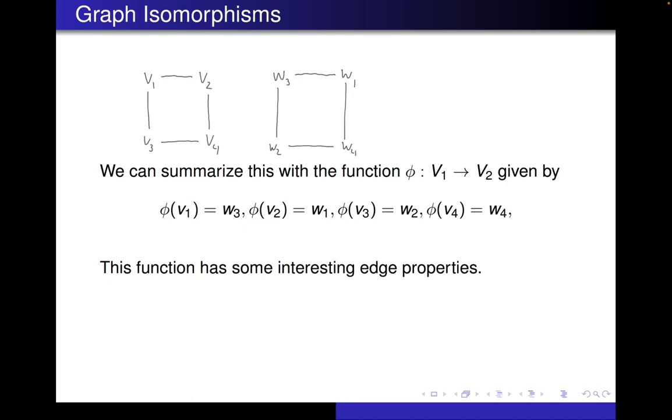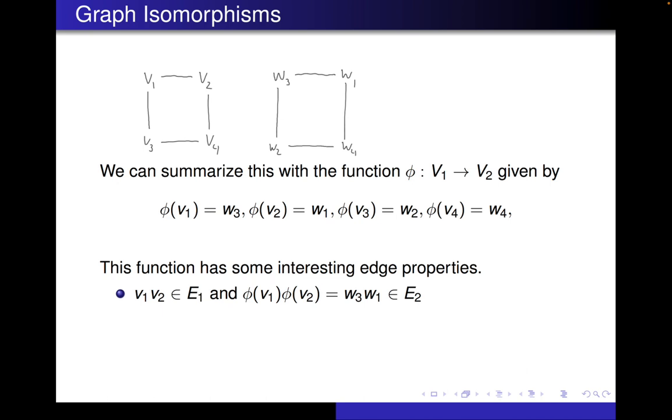And if we look carefully at this, it has some interesting edge properties. It was a function among the vertices that play the same role, but they also have something interesting going on with the edges. Notice that V1, V2 is an edge in the first graph. And if you look at phi of V1, phi of V2, that's W3, W1, which is an edge in the second graph.